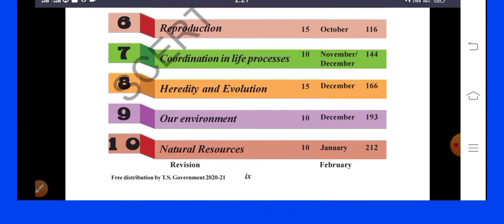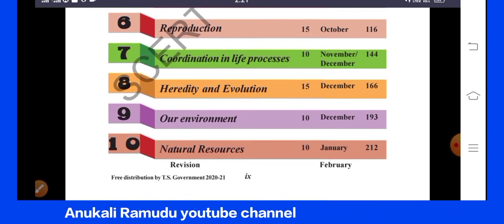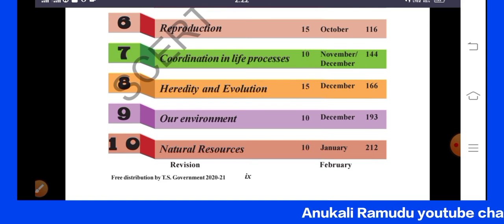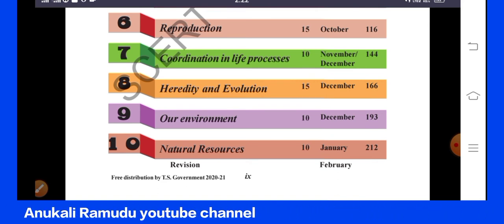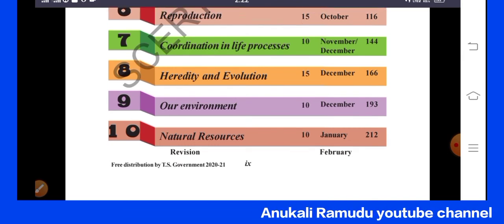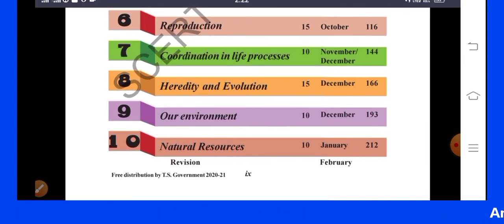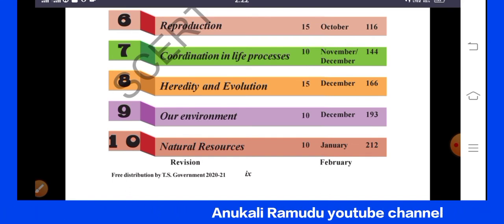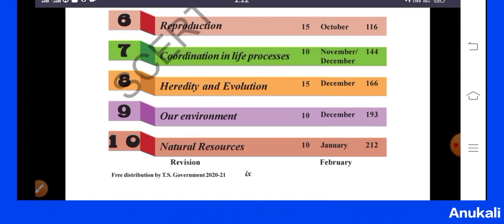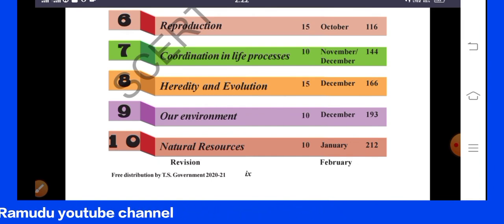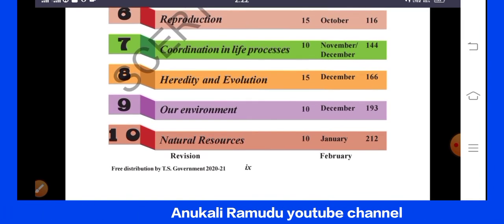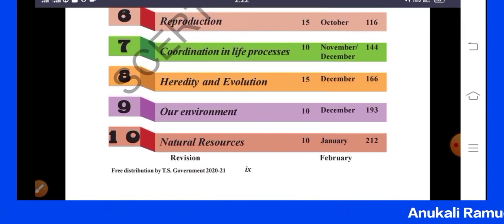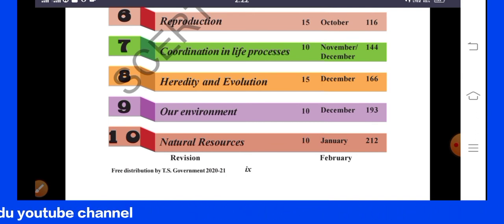Then only can they carry out their work, and successfully there will be a balance in the system. If coordination fails among these systems, if the digestive system does not cooperate with the respiratory system, if the transport system does not cooperate with the digestive system, metabolic activities do not take place in our body. So coordination is most important.